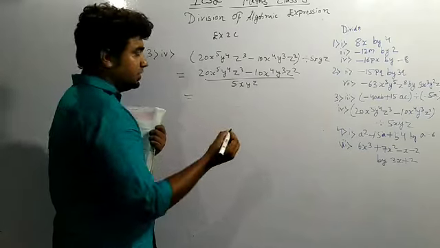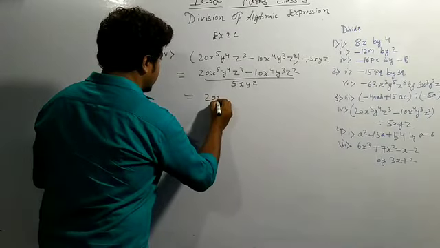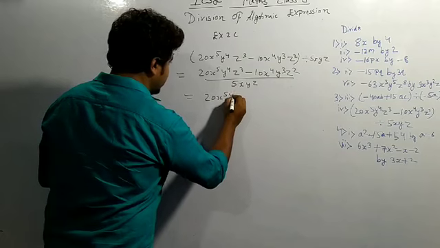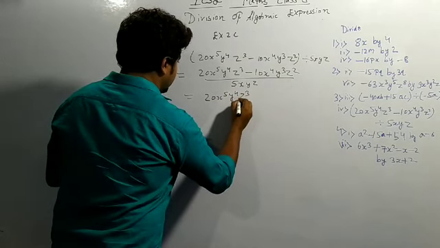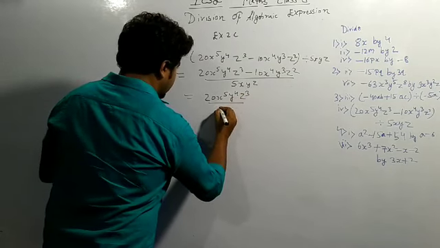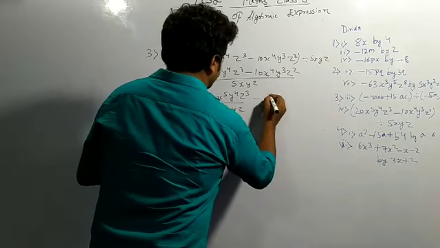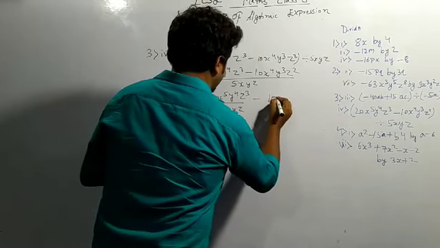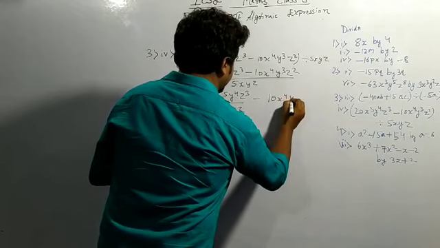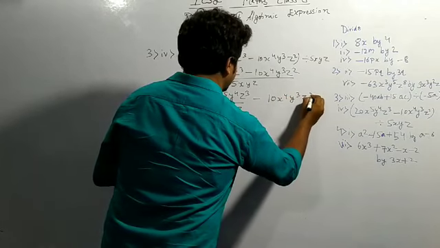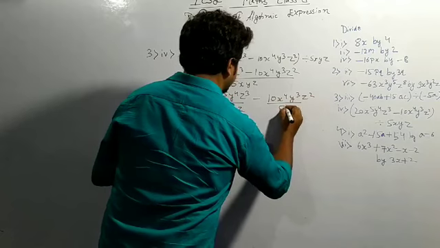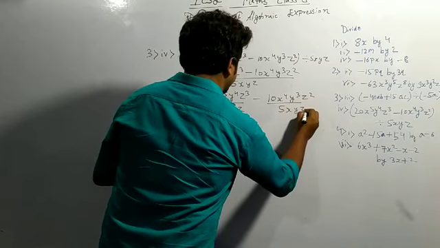Now we'll be separating it. 20x5 y4 z cube divided by 5xyz, again minus 10x4 y cube z square divided by 5xyz.